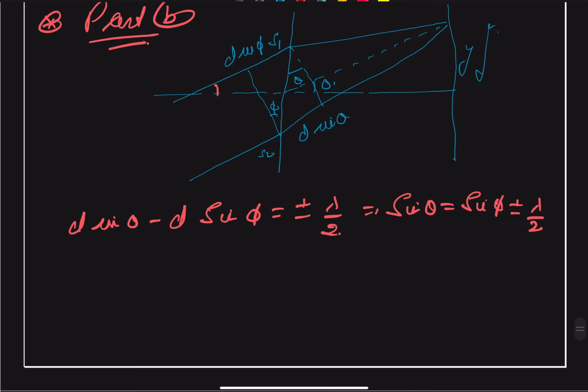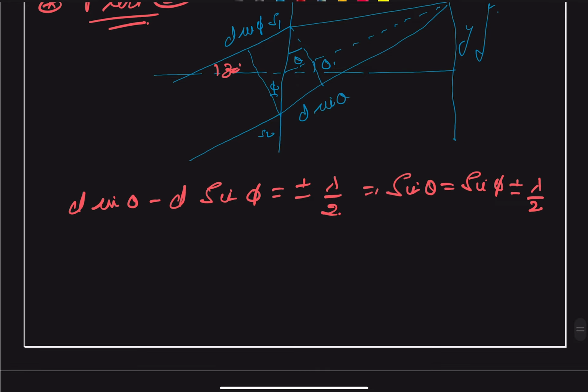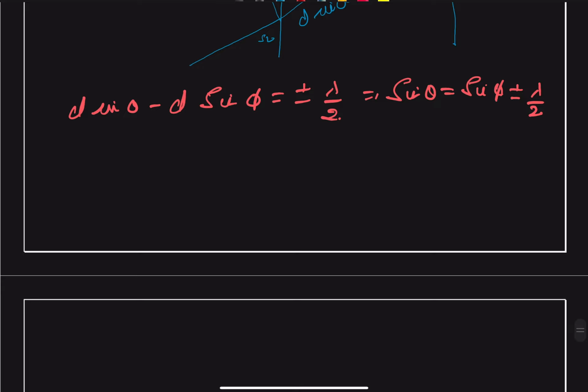So sine of theta is equal to sine of 30 plus minus, we substitute the value, this comes as 0.5 divided by 2.